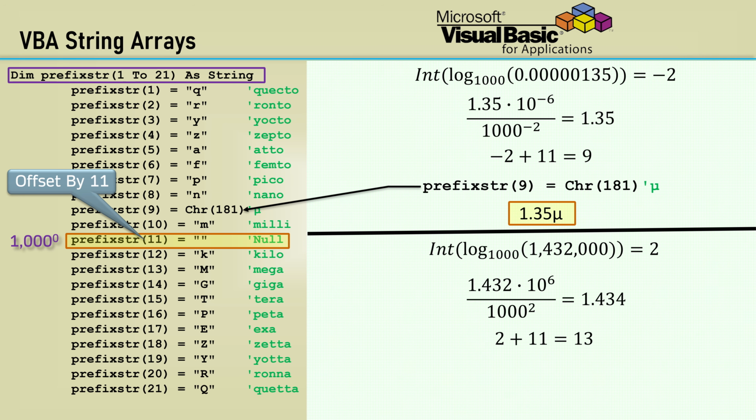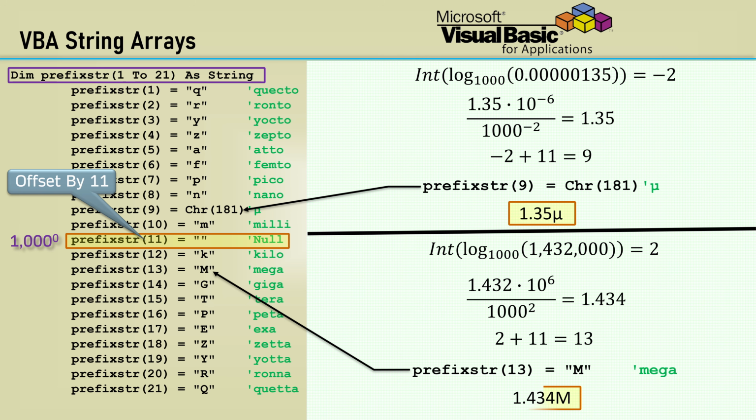Take our 2 and add the bias offset 11 to get 13. The prefix string with the index of 13 is the M, uppercase M, for mega, the character for 10 to the plus 6th. Then take our 1.434 and append the M character, and we have 1.434 mega.